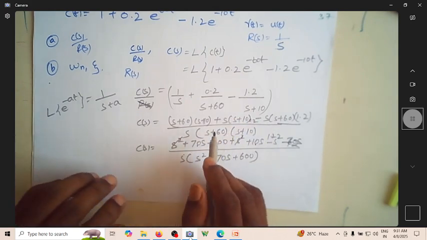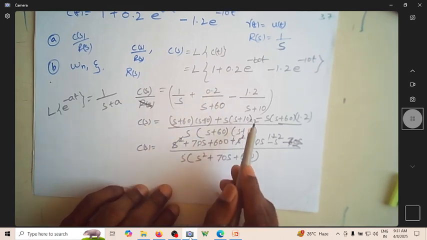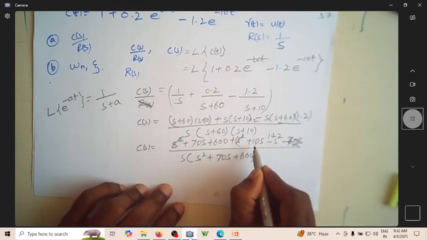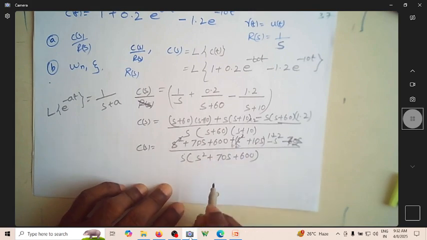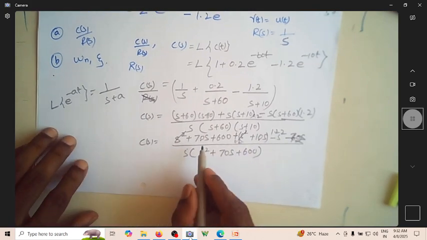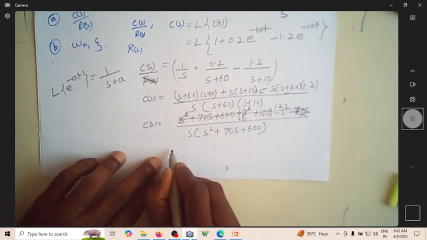Let me just redo it, because I forgot to multiply this by 0.2. When you multiply this by 0.2, this is now 0.2. So let me rewrite that.